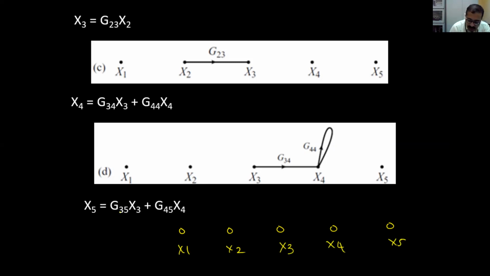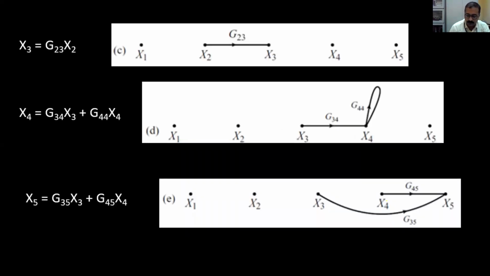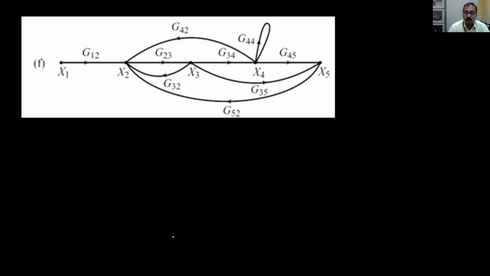There has to be a branch from X3 at a gain of G35, then another branch from X4 at a gain of G45. This way that equation is also satisfied, as shown. As I said before, the branch corresponding to G35 may be in the top or in the bottom half. No worries.